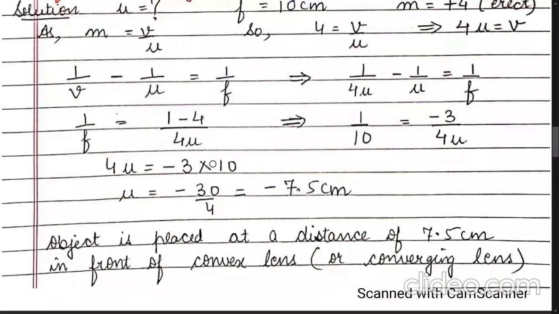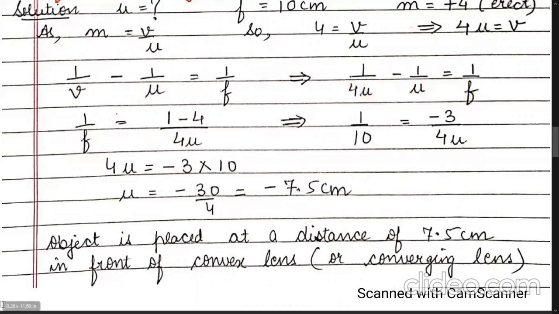So now let us substitute in our lens formula. We can put the value of v as 4u. So 1 by v minus 1 by u can be written as 1 by 4u minus 1 by u is equal to 1 upon f.